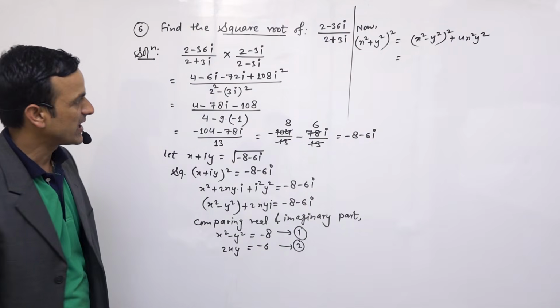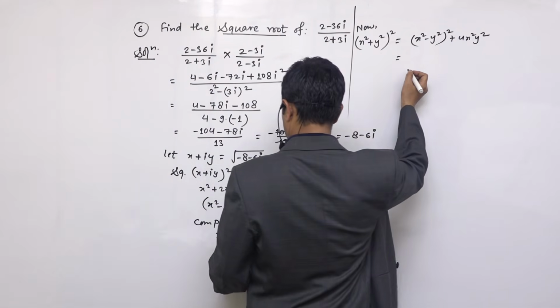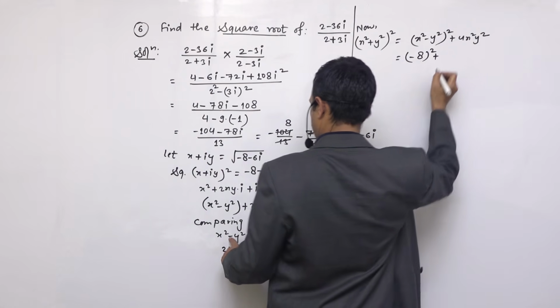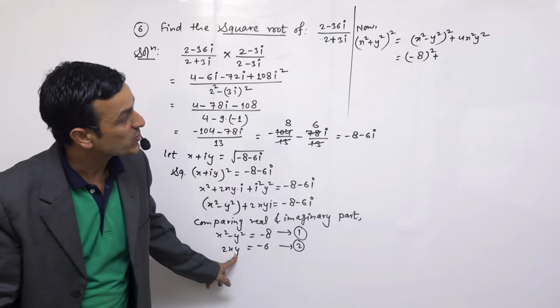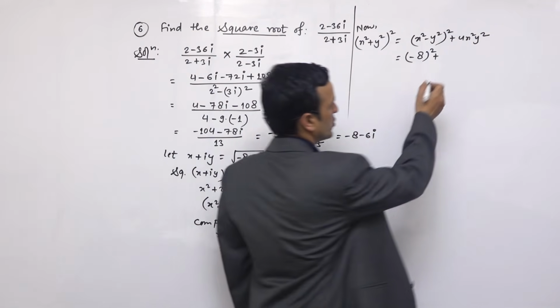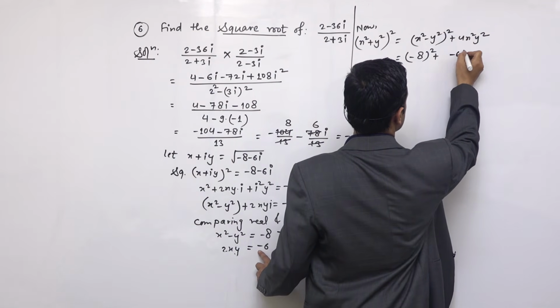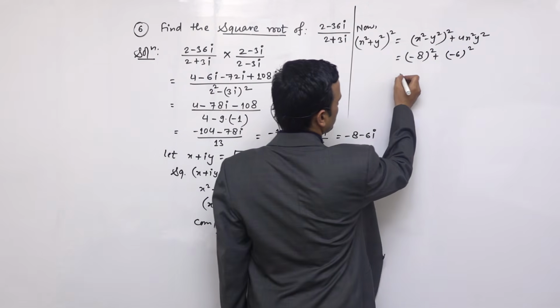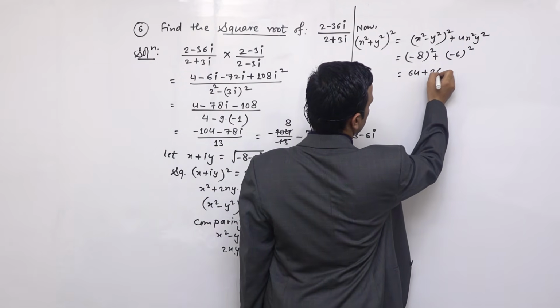So this is the formula. And now substitute the value of this minus 8 को whole square plus 4x square y square means 2xy को whole square. So it will be minus 6 को whole square. So if we solve this one, then it will be this one.